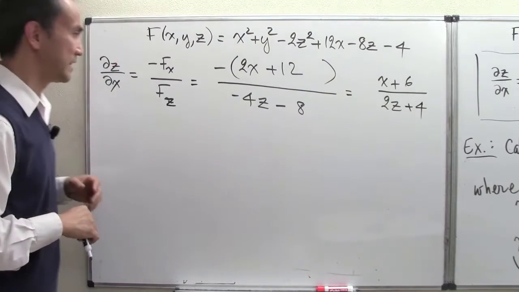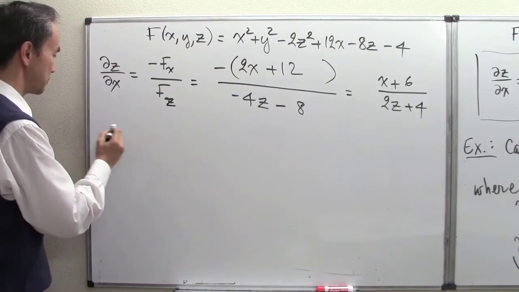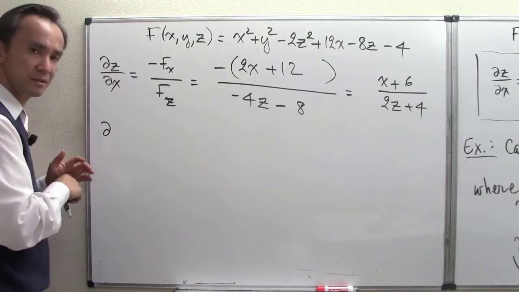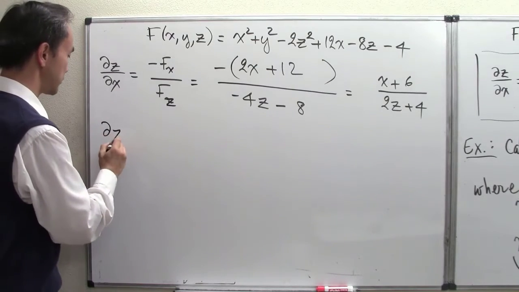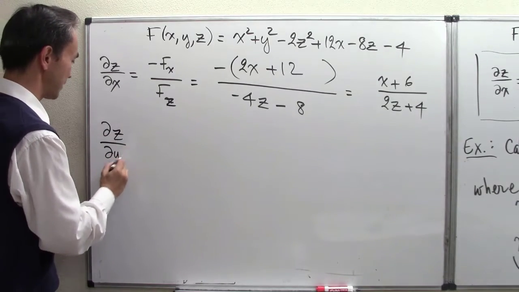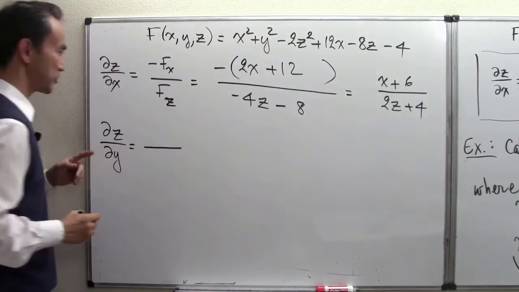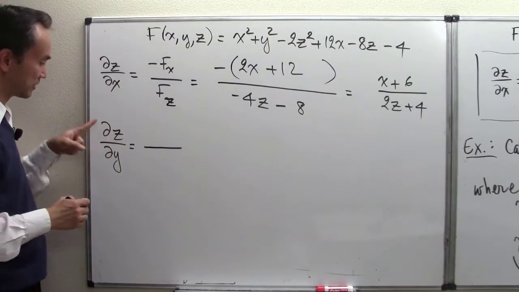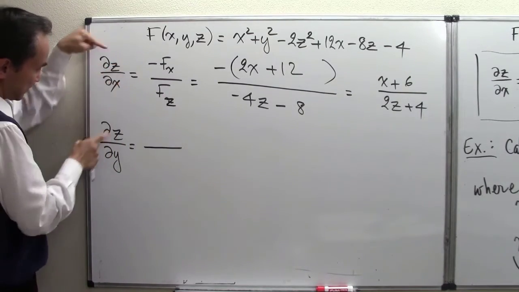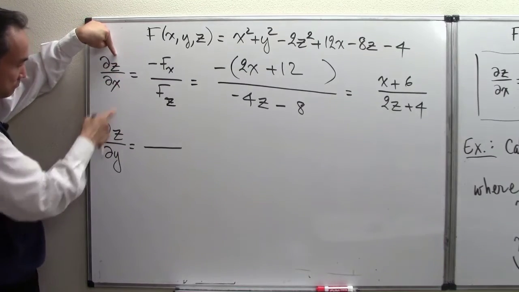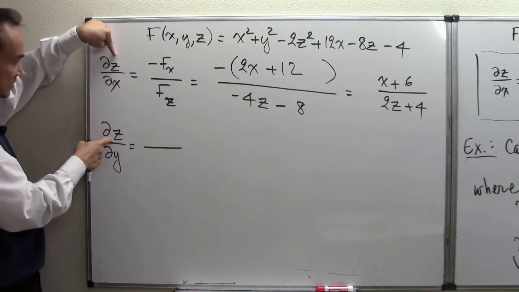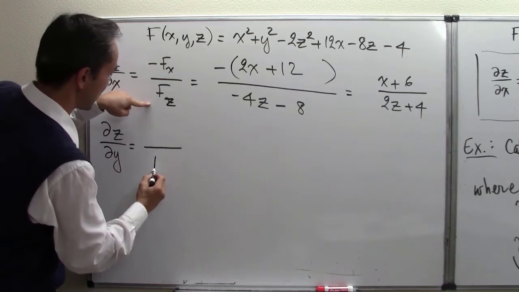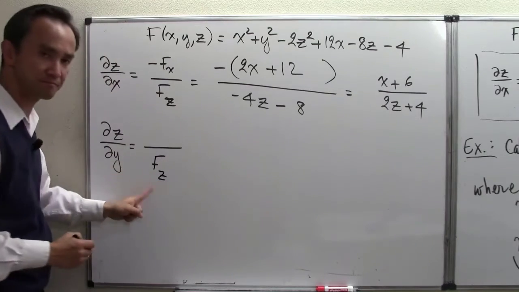Then we can advance to the next partial derivative, dz/dy. Now I'm going to strengthen the trick I mentioned earlier one more time. The target, our implicit function that we're targeting, is the z. So we always put fz in the denominator.